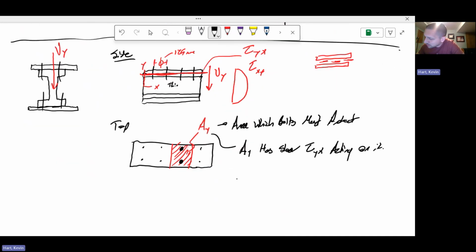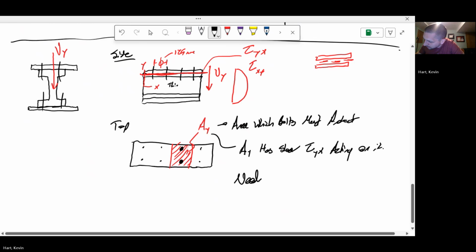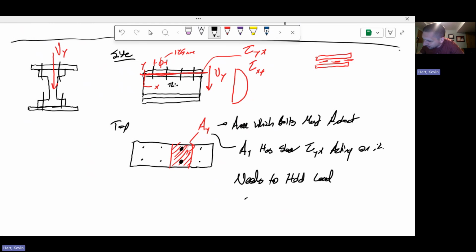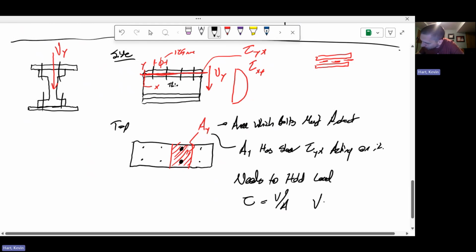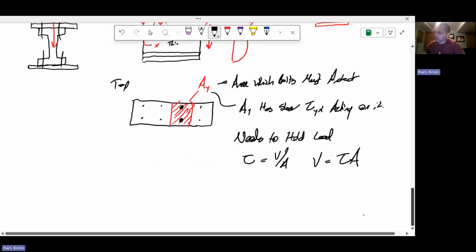So that means it needs to hold a load, which is, stress is equal to load divided by area. So the load that it must handle is tau times A. Or what we're saying is we need to cover an amount of load in this area, which is tau yx times AY, right?